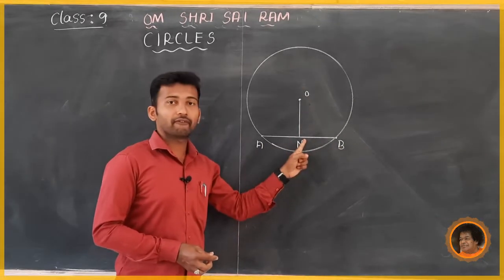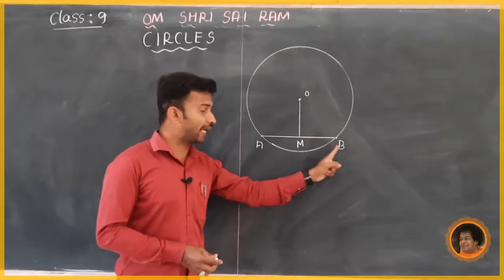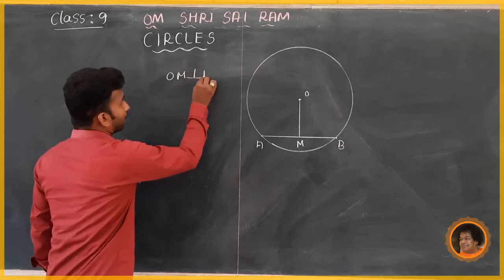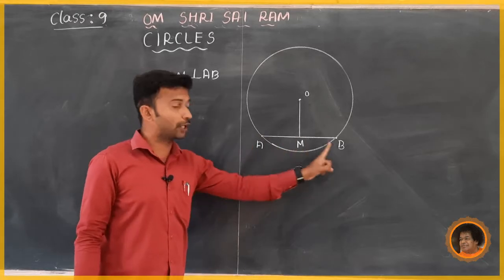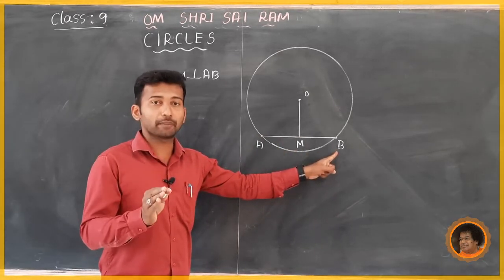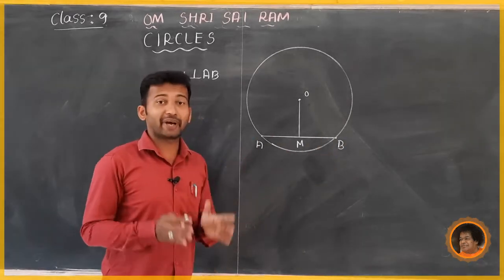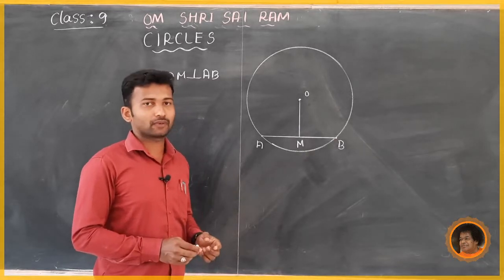OM is perpendicular to AB. Not only that, the perpendicular OM also bisects AB. Bisects means two equal parts.